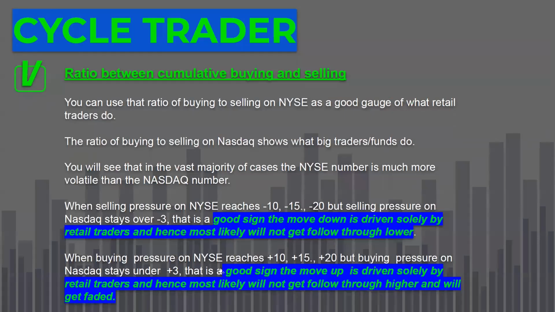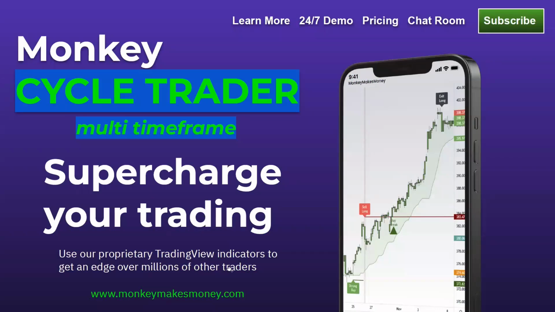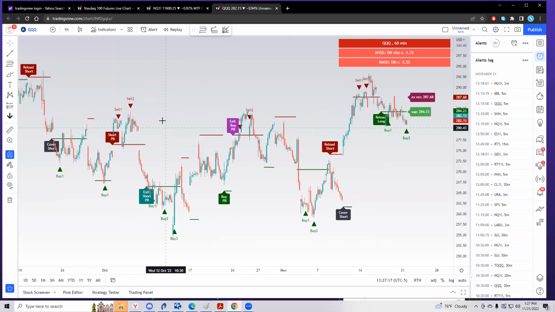So that's about it for that indicator. It's called CastAwayTrader indicator. And now I would suggest talking about the multi-time frame version of that indicator.